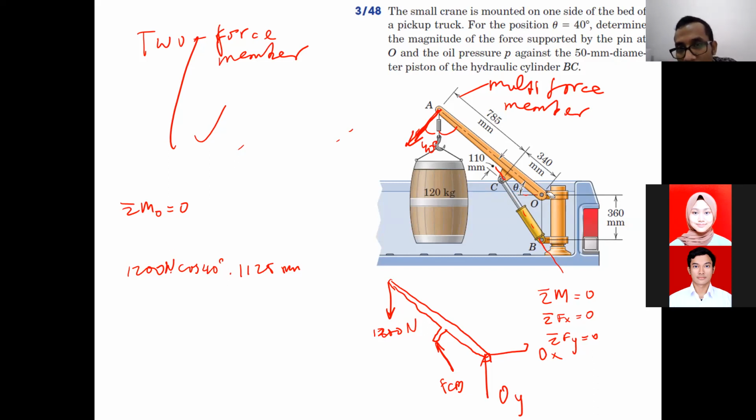Segitiganya yang mana ini kalau FCB itu? Gimana Hilmi? Ini yang nyebelin adalah sudutnya, kalau yang FCB itu, karena tidak diketahui langsung, tetapi kita harus menggunakan geometri di sana untuk mencari tahu sudutnya.